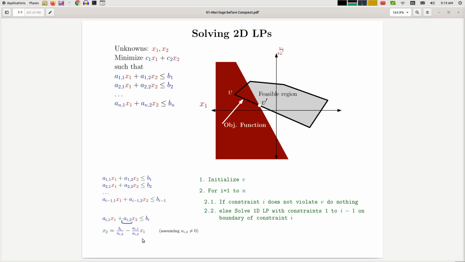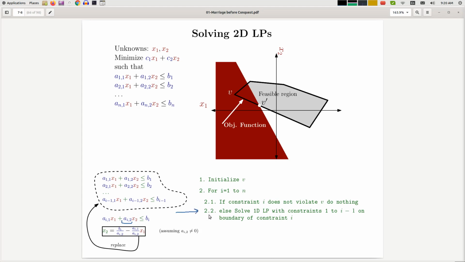x2 depends entirely on x1. x2 is a function of x1. So therefore here I have only one unknown, x1. If I know x1, x2 is uniquely determined. So therefore I can just replace x2 in all of the previous constraints, 1 up to i minus 1. I've replaced x2 with this value. So if you replace x2 here, then all of these constraints have only one unknown, which is x1. So it can be solved using the previous one-dimensional linear program. And that describes line number 2.2.